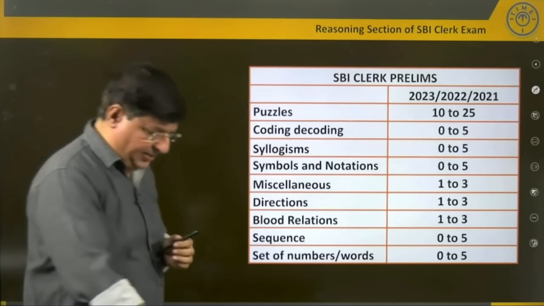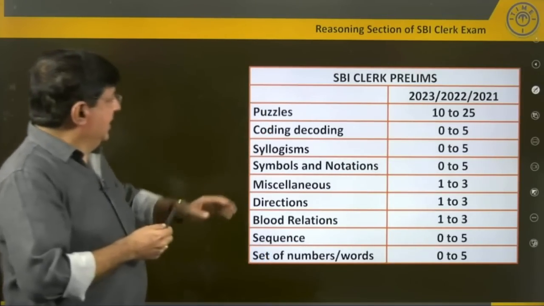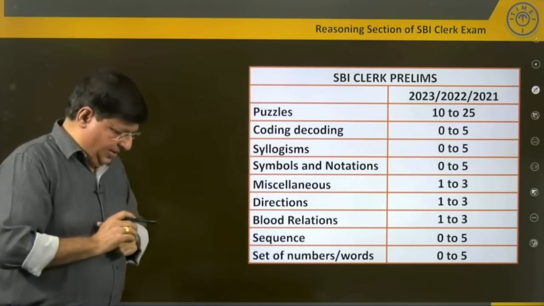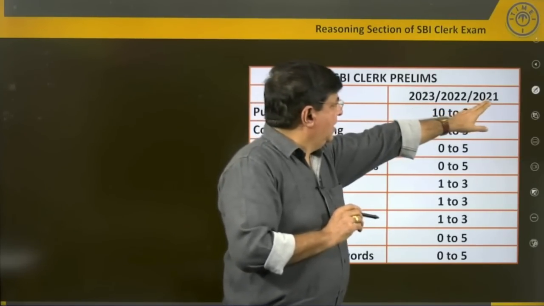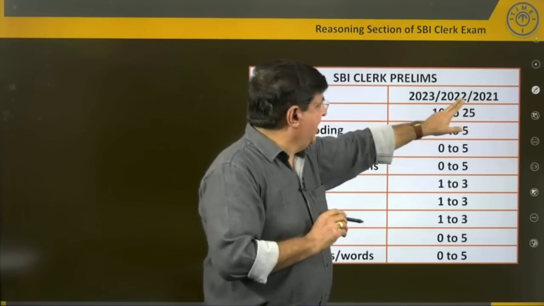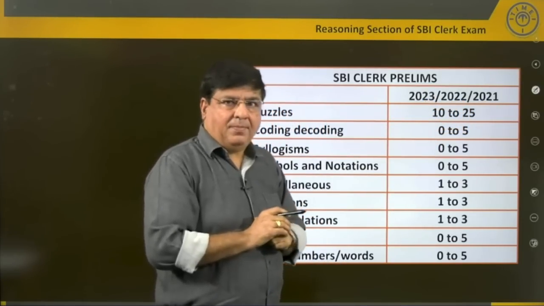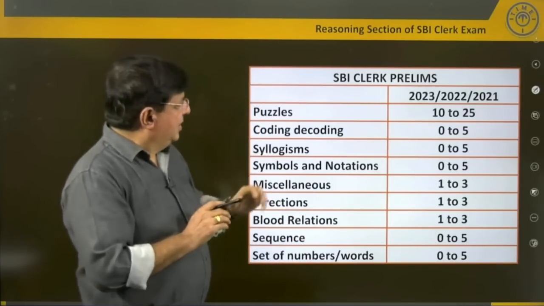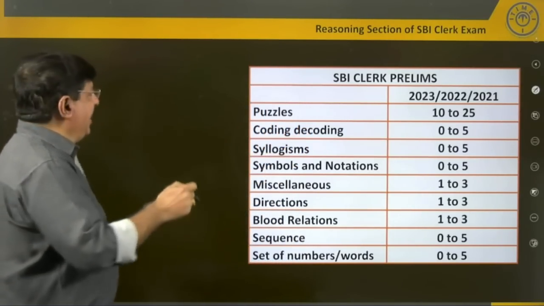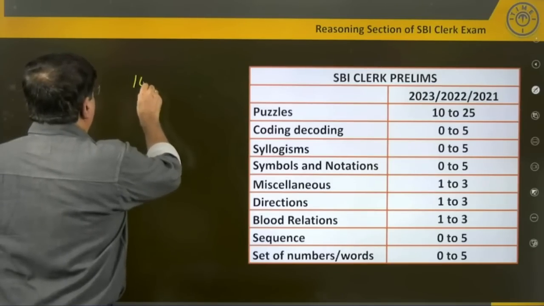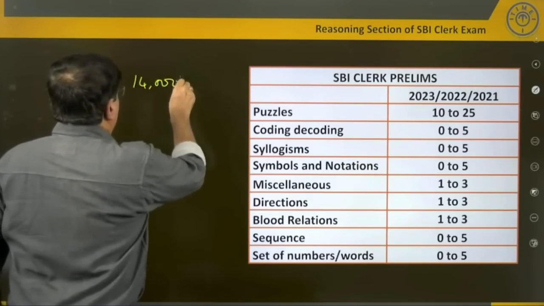Alright. This is the number of questions which have appeared in the SBI Clerk 21, 22 and 23 exams. The exam was conducted in multiple slots. This year the vacancies are 14,000 plus, including the backlog vacancies.